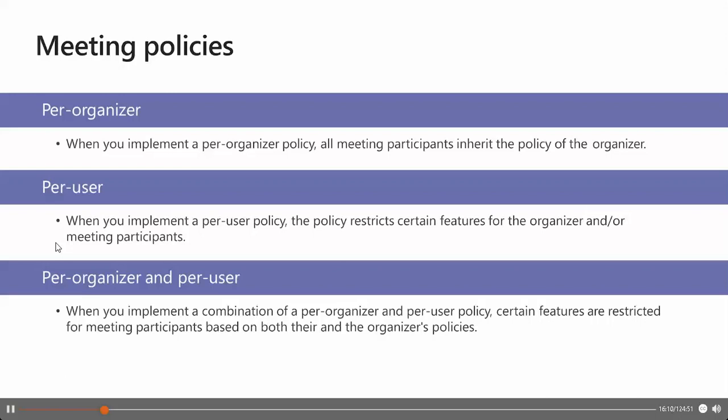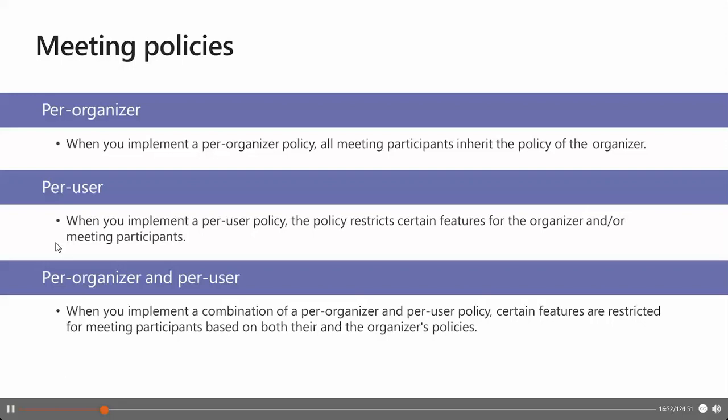As we can see here, we have different kinds of policies, so per organizer: all the meeting participants inherit the policy of the organizer. Then the per user perspective is when you implement this, the policy restricts the features for the organizer and or the meeting participants.